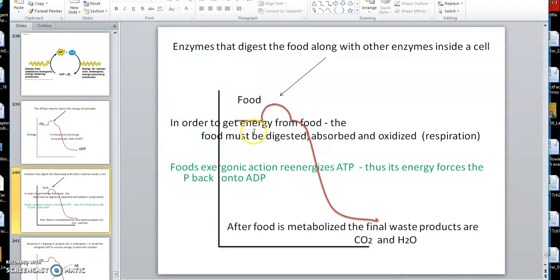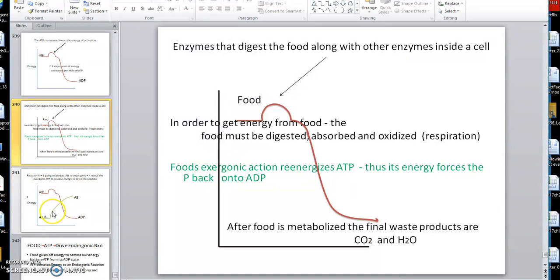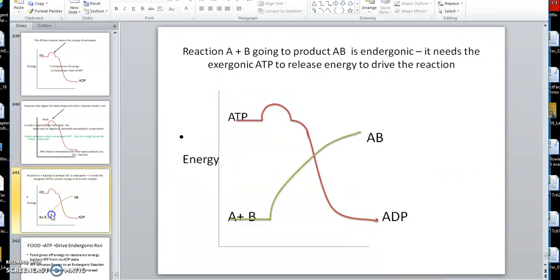So here's the food. Enzymes would metabolize the food and release energy. Once that occurs, then that energy would recharge ATP. Recharge ATP. And then we would use the ATP to drive some reaction that we needed.